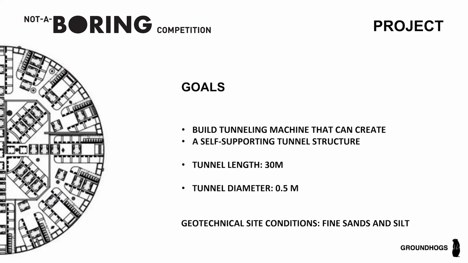There will be a competition in the Mojave Desert in the US where we need to dig a tunnel with a length of 30 meters and a diameter of 0.5 meters. So this is pretty small. This is considered micro-tunneling. But it's about having a concept and design for a tunneling machine that can be as fast as possible.